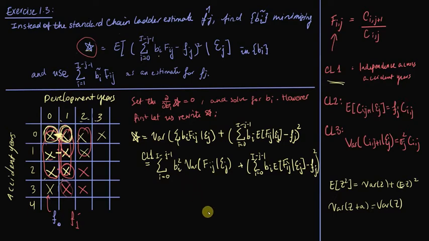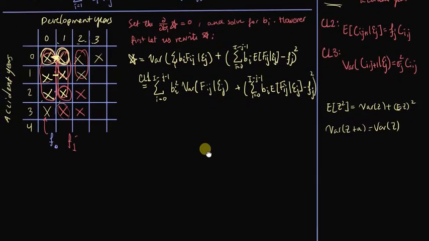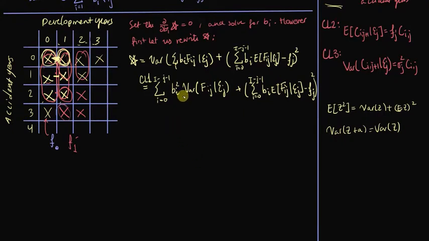So what we see now is essentially we just need to calculate the conditional variance of the development ratio and the conditional expectation of the development ratio. So let us just try to do that out here. The conditional expectation of the development ratio is given as the mean of, well, the development ratio, right?